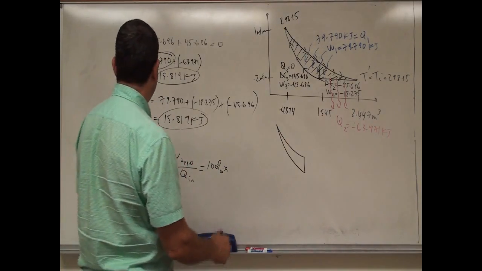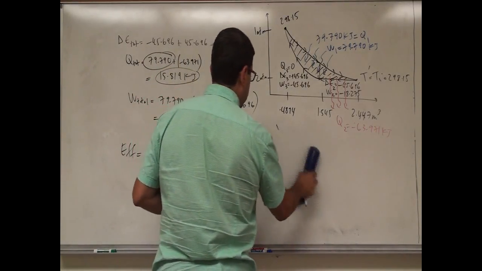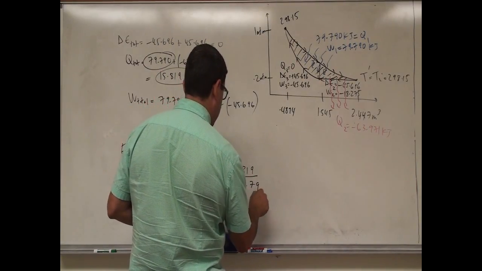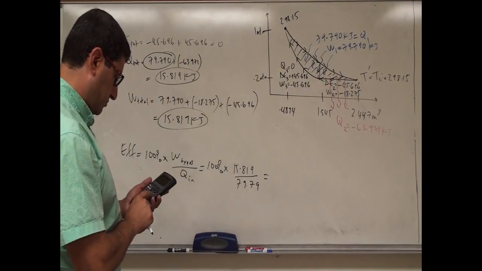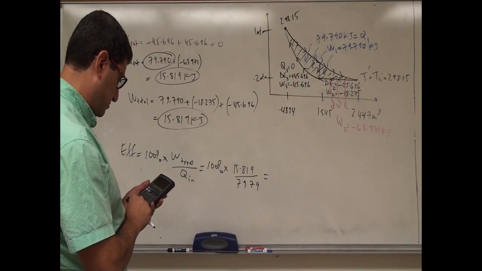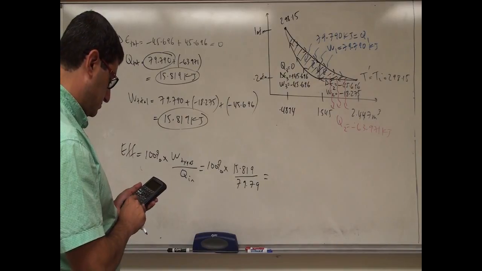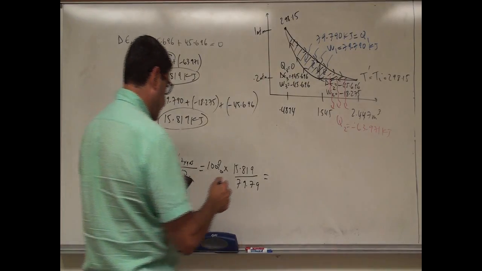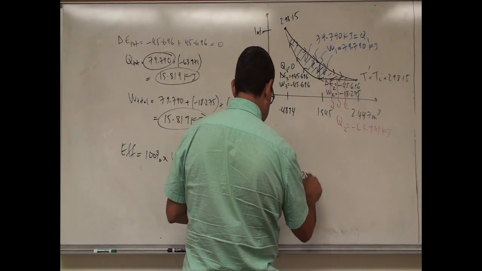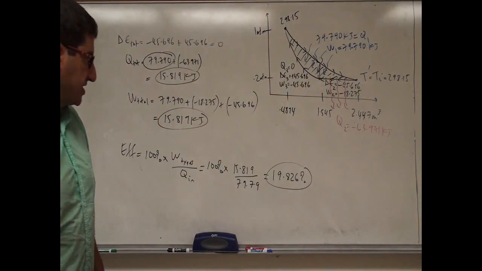So the work done by the gas was 15.819, and the heat in was 79.79. So that gives 19.826%. Very close.